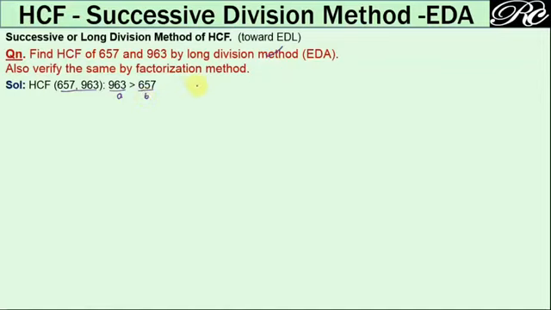Now go for dividing 963 by 657. We observe that it goes only one time.